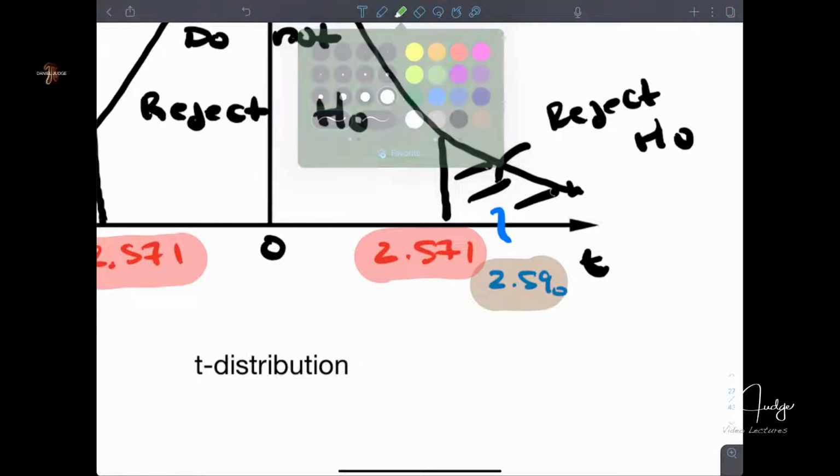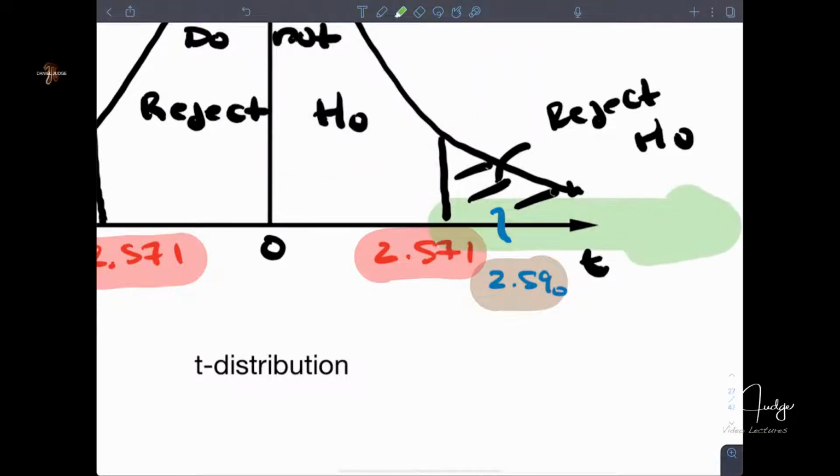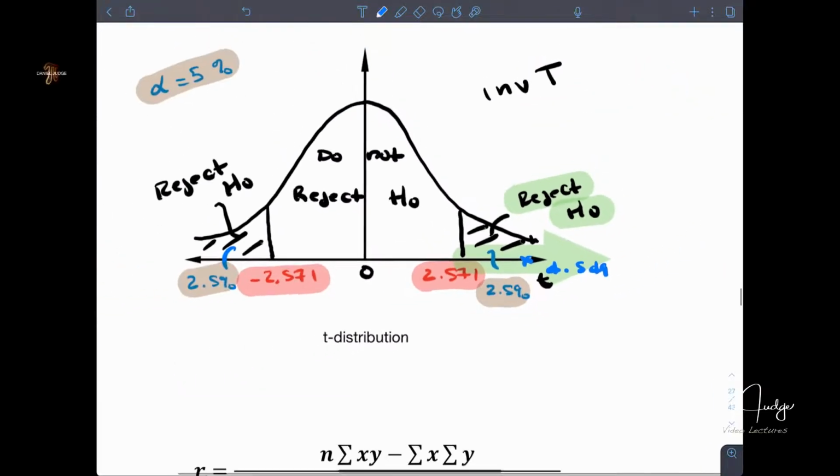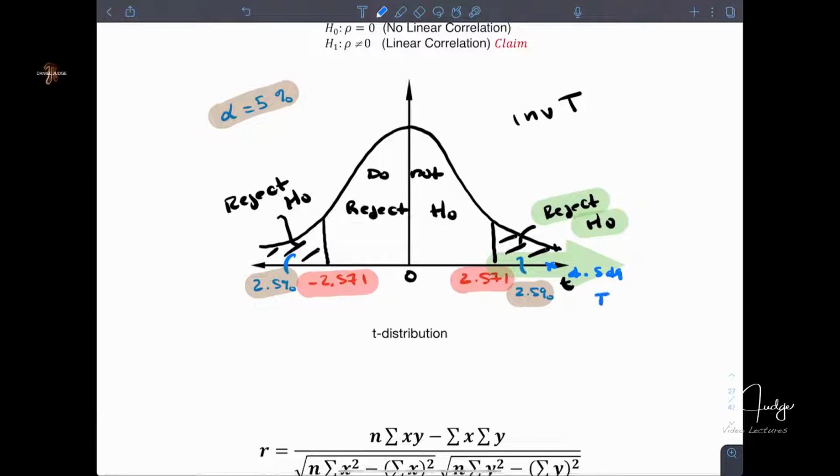Remember, any test statistic that's to the right of 2.571, the critical value, we reject the null. So that critical value is somewhere over here. And that's your test statistic, 4.549. So we are to the right of the critical value, that test statistic value.